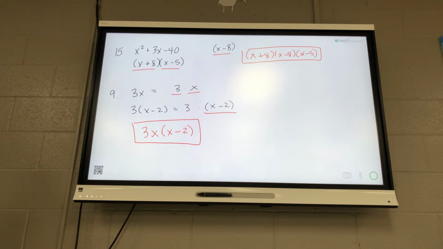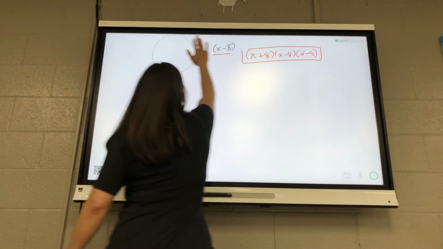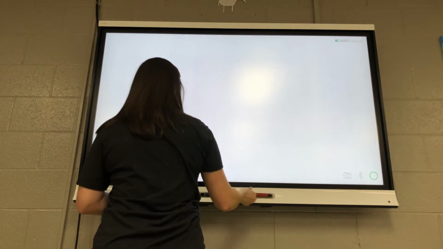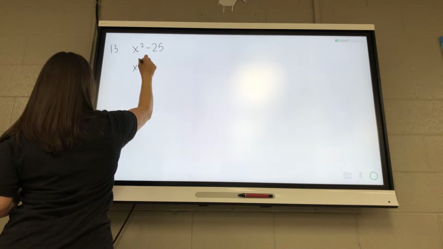All right, what did we decide about 27? The least common denominator of two rational expressions is the product of the denominators. Let's write down 13 and see if that will help you make a decision. So 13 is x squared minus 25. And then what's the other one? X minus 5.